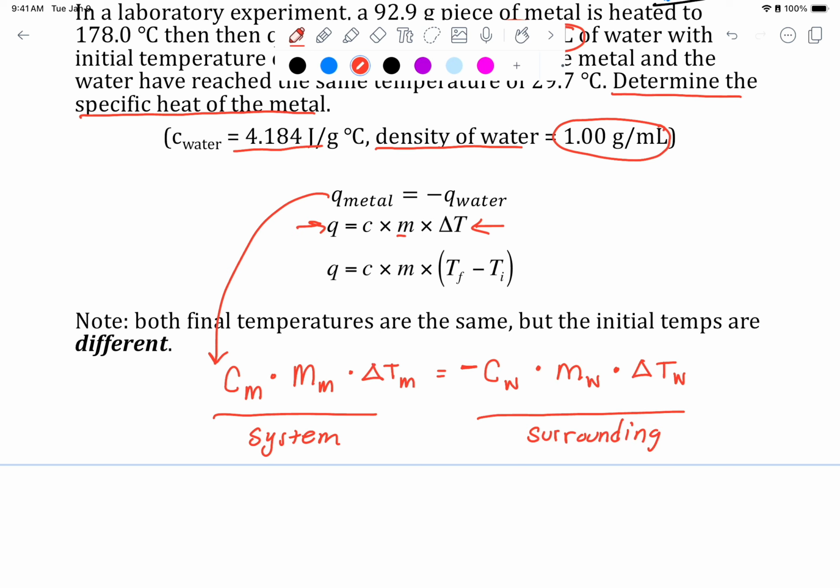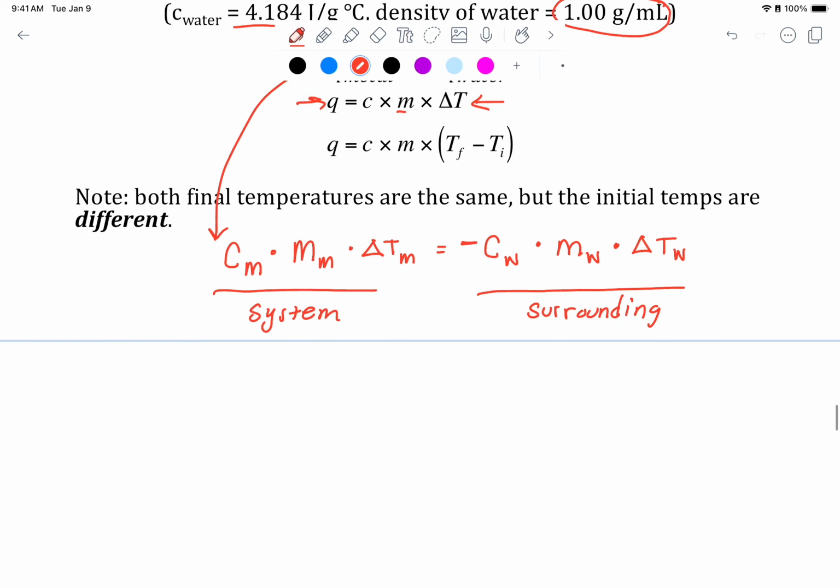So now it becomes a 6-variable problem where we know 5 variables and we're solving for the 6th. We're solving for the specific heat of the metal because we know the mass of the metal, the temperature change of the metal, the specific heat of the water, the mass of the water, and the change in the temperature of the water.